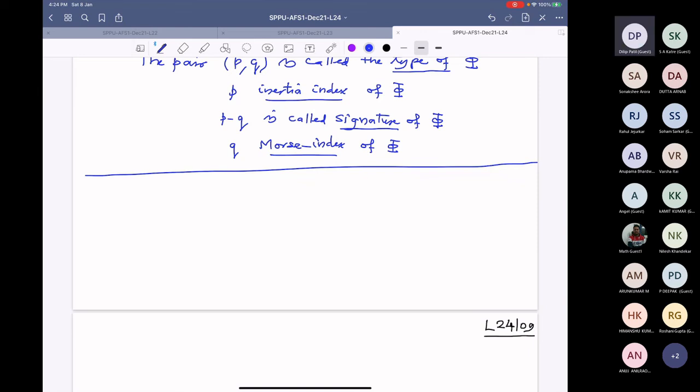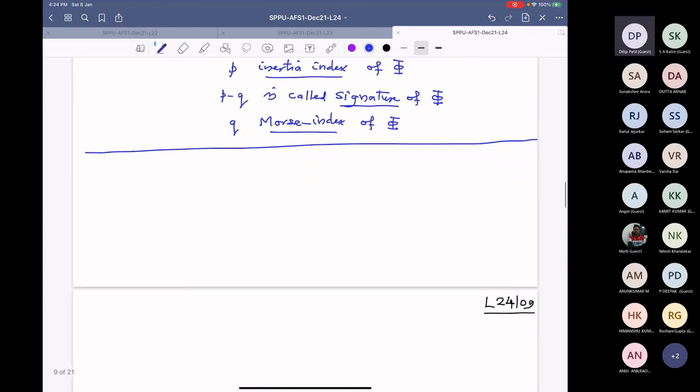So the Hurwitz criterion will tell us how one computes P and Q effectively. So I will state it, and with that I will end my lecture and the whole course. So this is the Hurwitz criterion.